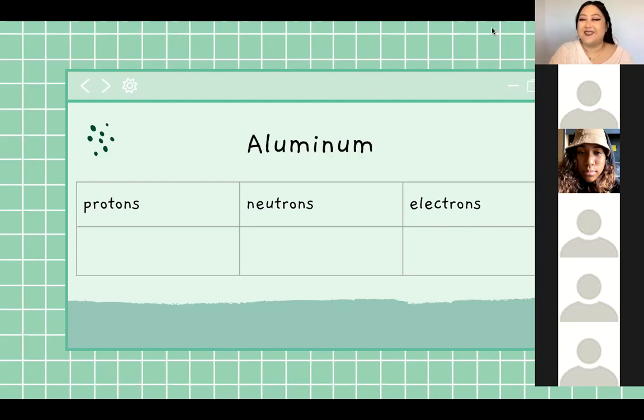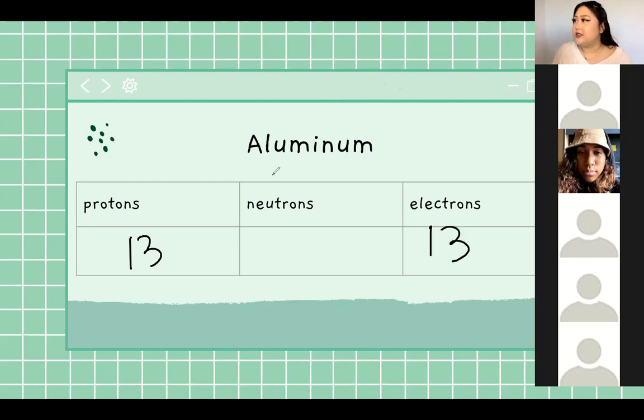For aluminum, what would the number of protons be? Thirteen. Then the number of electrons would also be 13, right?